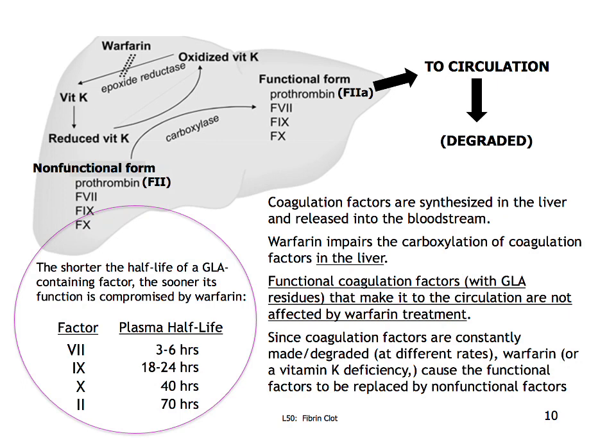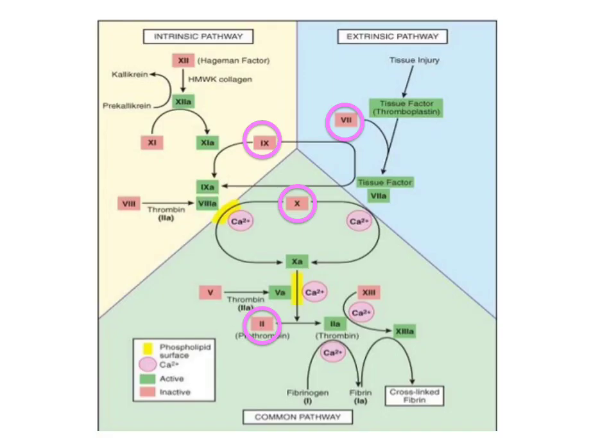The initial prolongation of PT is due primarily to depletion of factor 7, which has a short half-life, about 4 to 6 hours. This slide just shows the position of the factors that are affected by warfarin in the coagulation pathway.